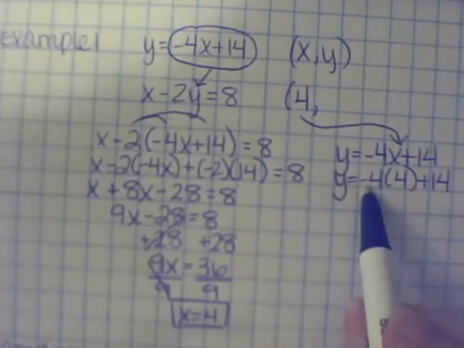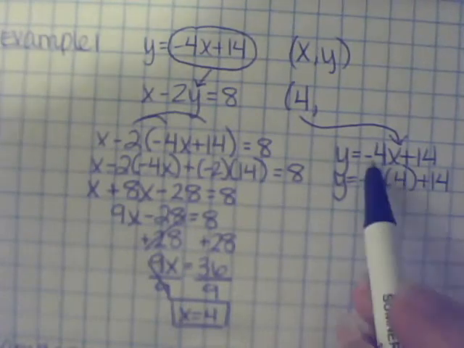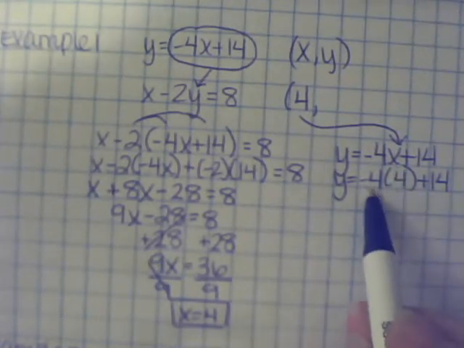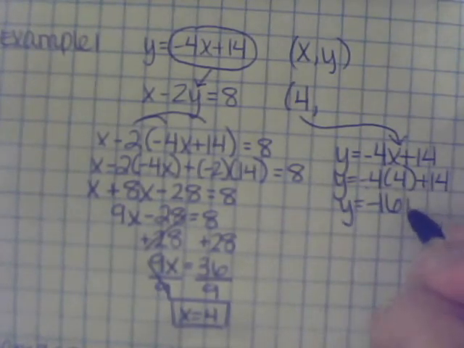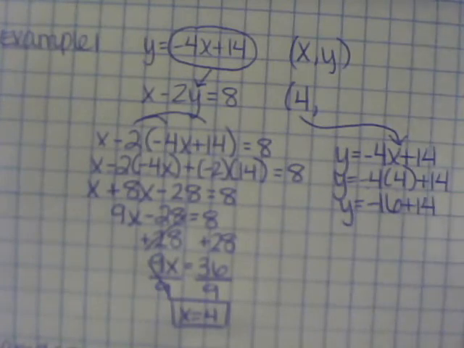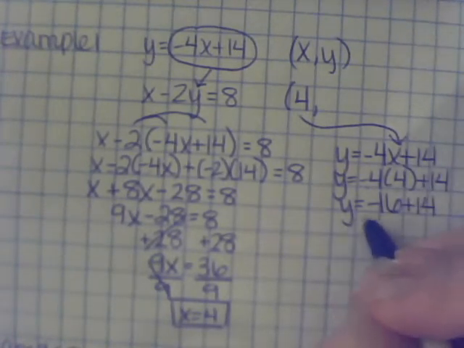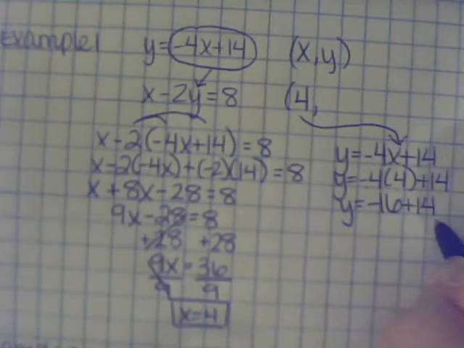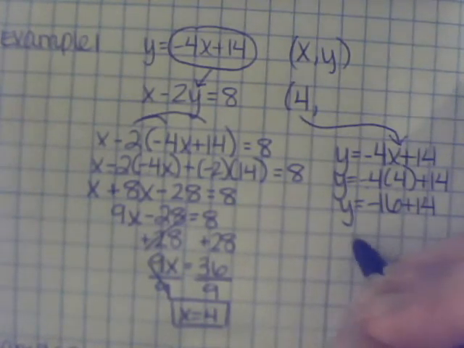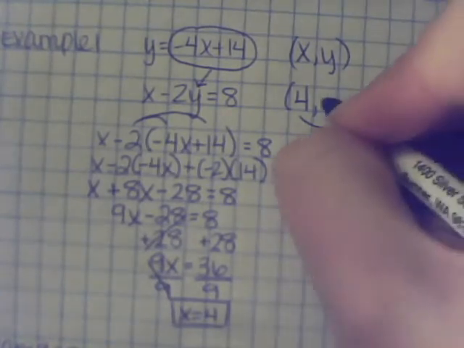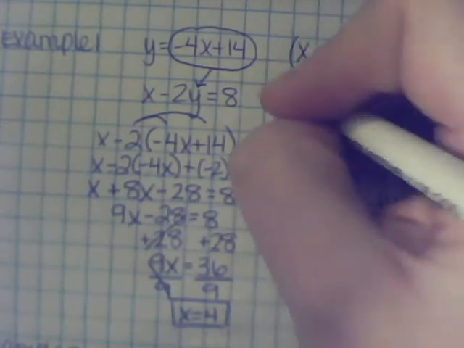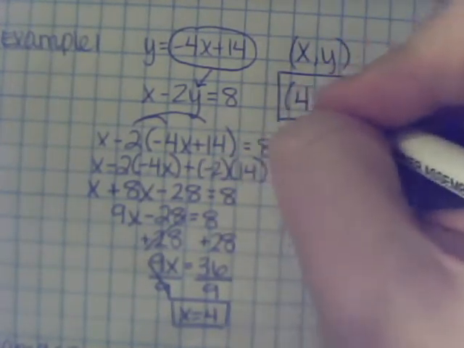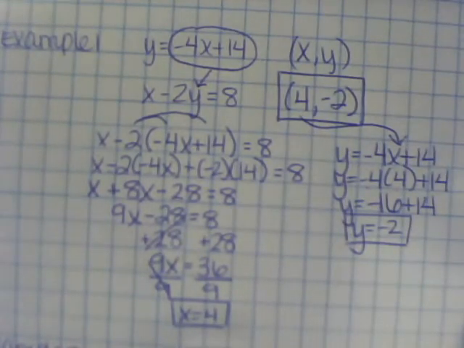So I get negative 4 times 4 instead of negative 4 times x. Negative 4 times 4 is negative 16 plus 14 when I finish writing down the equation. So I'm left with y equals negative 16 plus 14. Negative 16 plus 14 is negative 2. And that's what y equals. That's the second coordinate, or the second number in my ordered pair. My final answer is 4 comma negative 2.